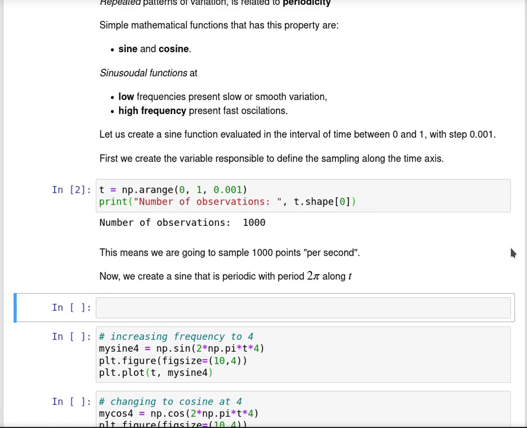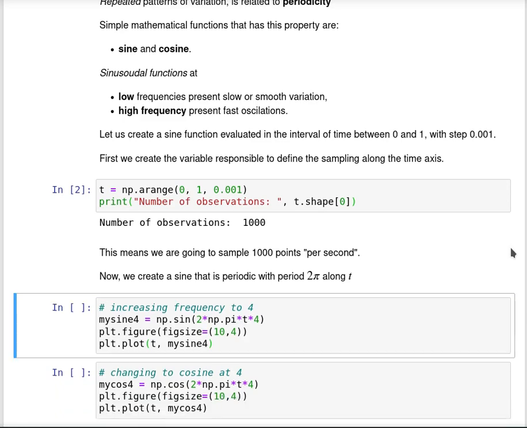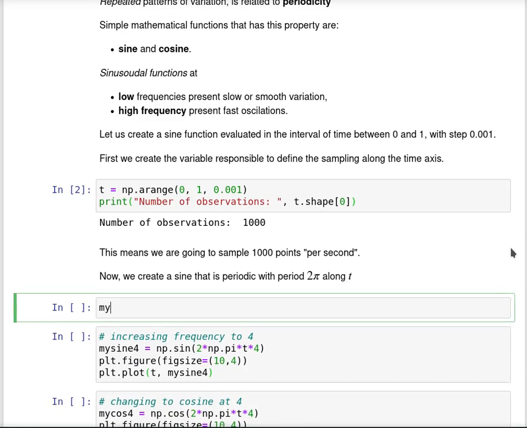Now we are going to create a sine function that is periodic with period 2 pi along the vector t that I just created. I will call it my sine. 2 pi here is the period that I want the function to have, so I'm basically converting it so that it has this period that I want, and then I'm going to multiply with t.